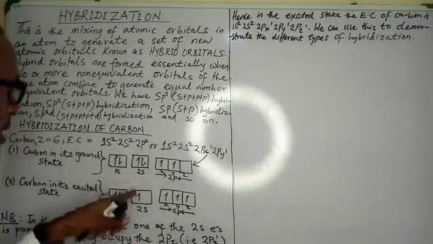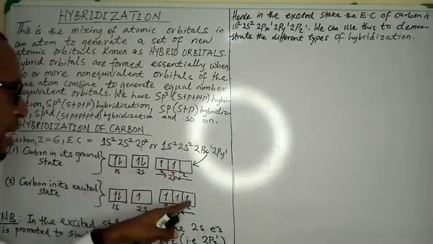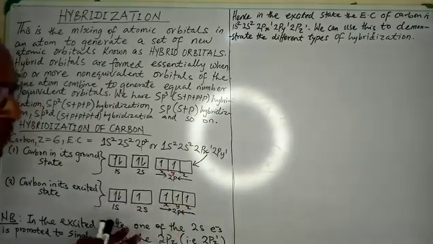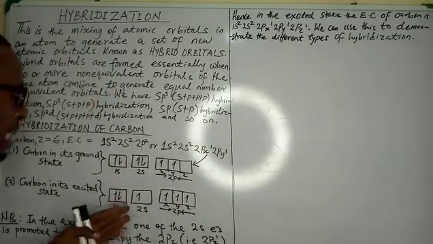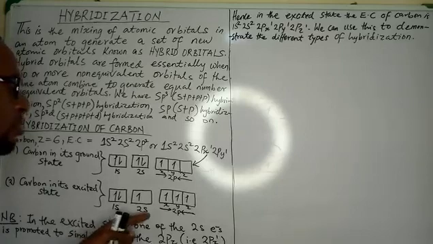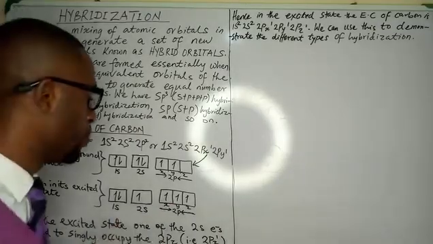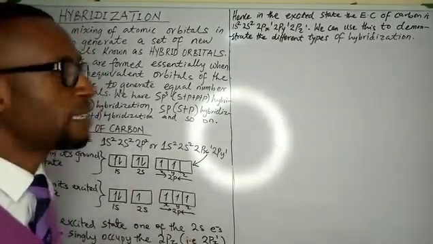You can see that one of the electrons that was here has been promoted and now occupies the 2pz orbital. So the first step in hybridization is the excitation of carbon, which involves the promotion of one of the two s electrons to occupy one of the vacant 2p orbitals, in this case the 2pz orbital. It is very essential we understand this.